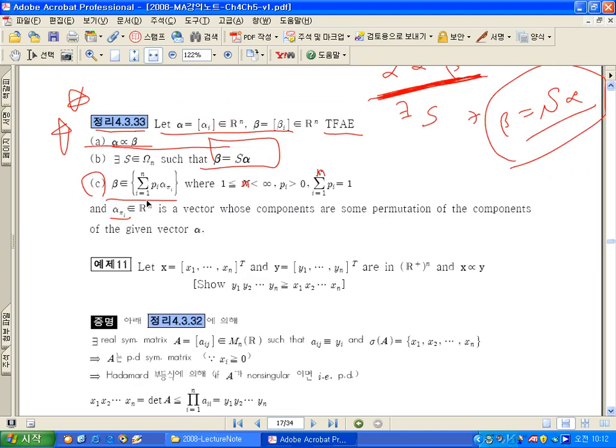Here, alpha_pi_i is a vector whose components are some permutation of the components of a given vector alpha.